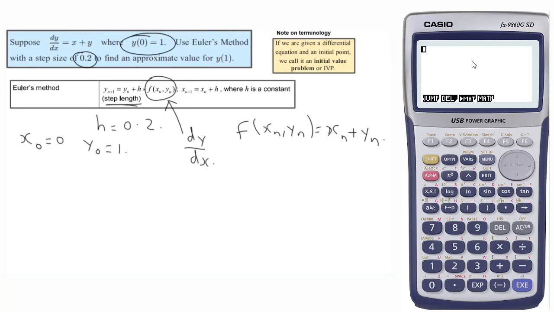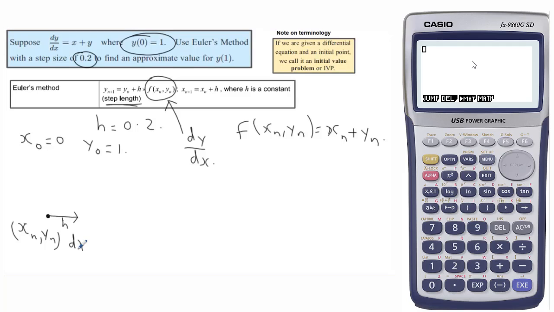Let's represent diagrammatically what's actually going on. You start from a point, so this is going to be some x n, y n, and then you're going to go in a step direction h, which you could think of as being dx, a small change in x to the right.